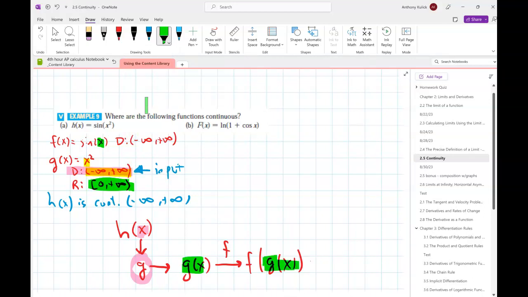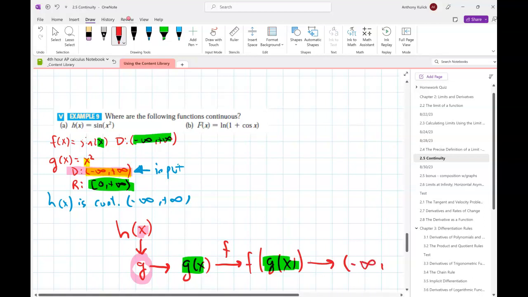That's what gets plugged into f because that overlaps with the domain perfectly. There are no restrictions. So out of this comes any real number, right? So every input is something you can do the sine of, right?